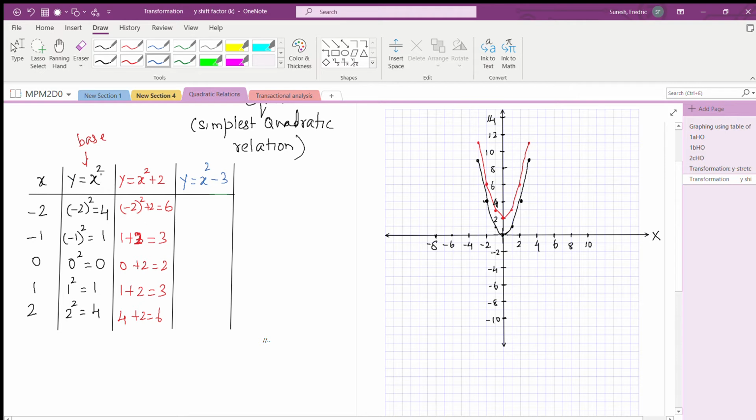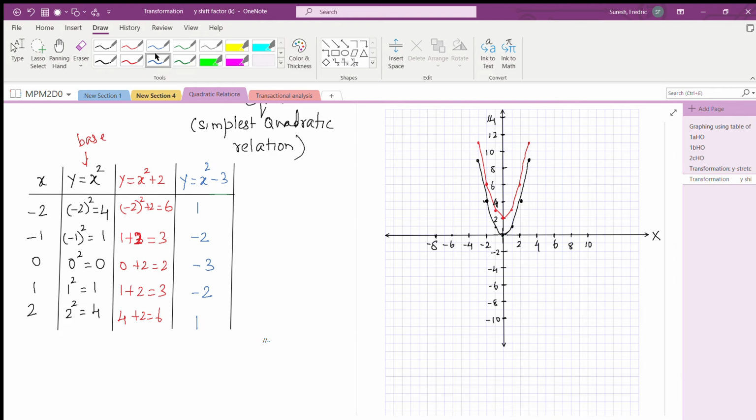We are going to subtract 3 from all these numbers. So 4 take away 3 is a 1. 1 take away 3 is a -2. 0 take away 3 is a -3. 1 take away 3 is a -2, and 4 take away 3 is a 1.